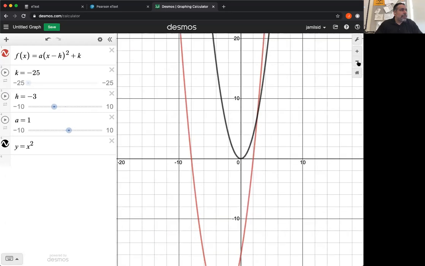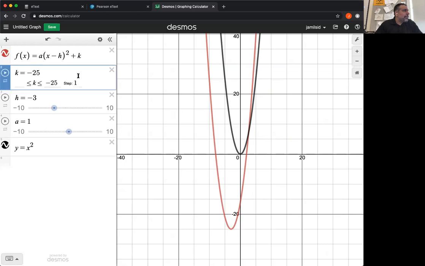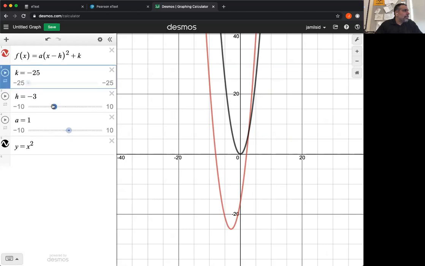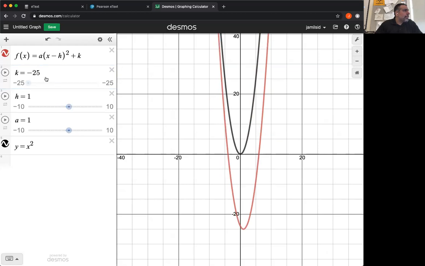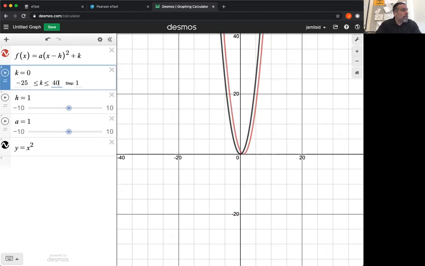So now what that does, and let me just start again so you can see it from the beginning. There we go. And we're going to put in negative 25 so we can see that bottom, and we're going to go up to, let's say, 40. Okay.